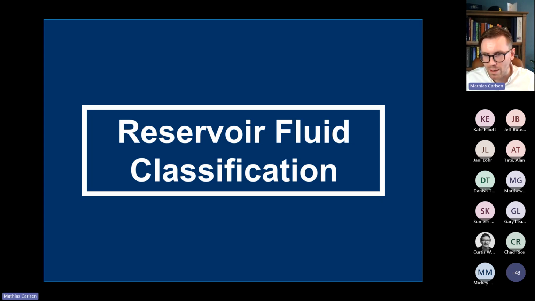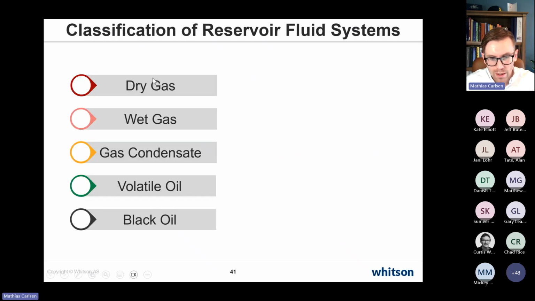So you need to have those rules of thumb baked into your portfolio of knowledge, if you like. When it comes to the classification of reservoir fluids, we're going to go through the official classification step by step, and those are typically dry and wet gases and condensates.